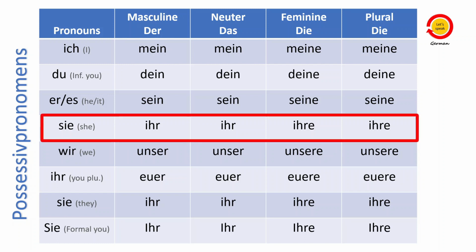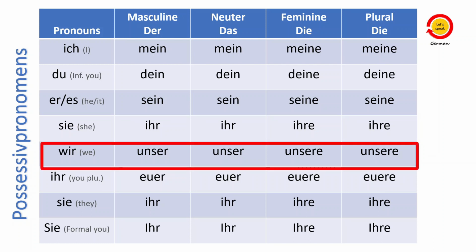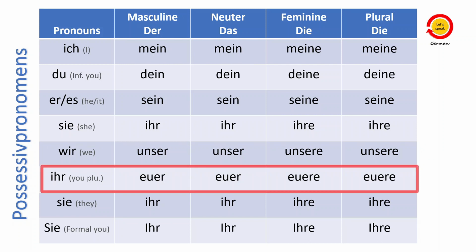Sie or she, ihr, ihrer, ihrer. Wir, we, unser, unserer, unserer. Ihr, you plural or you all, euer, eure, eure.